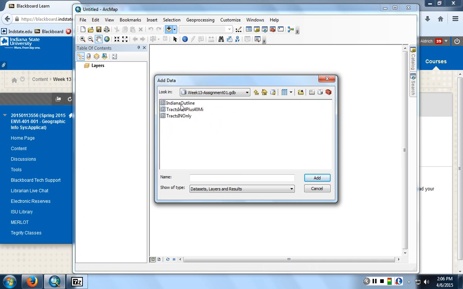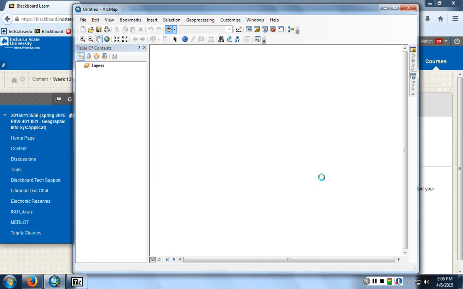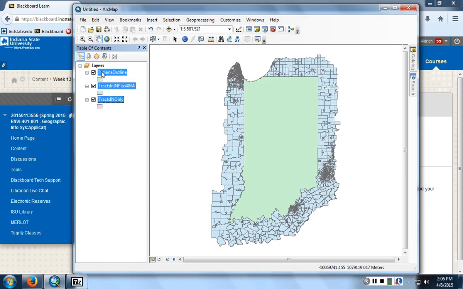And there are 3 layers. The one that we're really going to be doing our work on is the tracts in IN plus 40, which we'll check out in a minute. So we have our three layers.